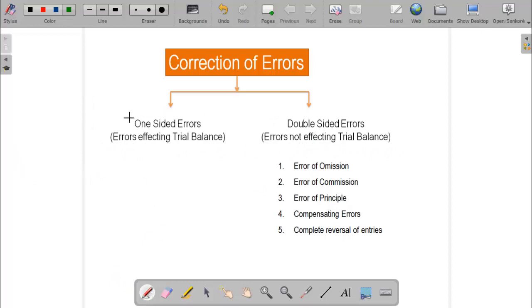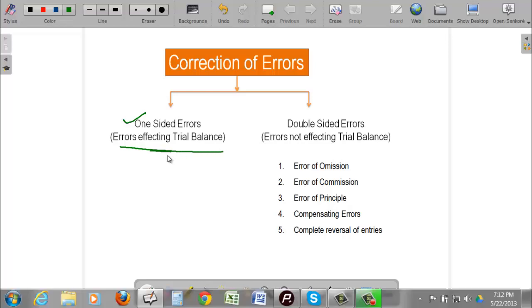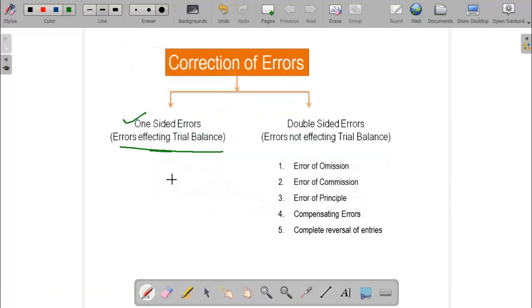Later on I will explain what we mean by one-sided errors. If the error is one-sided, then that error will definitely affect the total of trial balance. It means the total of trial balance will not come the same.